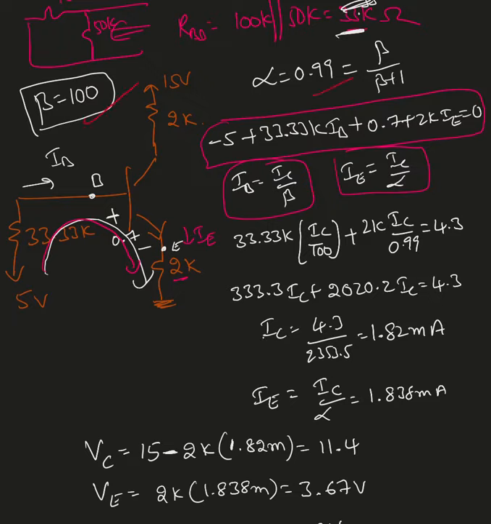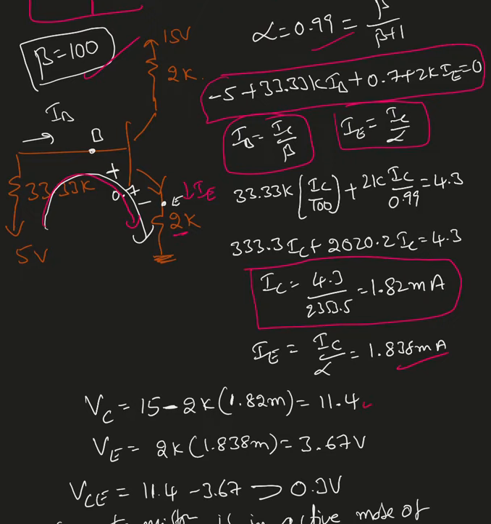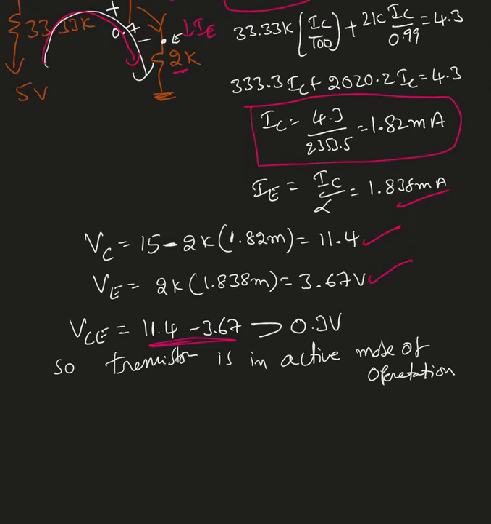Based on that, I found IC equal to 1.82 milliampere. Once I know IC, I found IE, and then I found VC and VE. Based on that, I found VCE is greater than 0.3 volts. As long as we find that, this transistor must be in the active mode of operation.